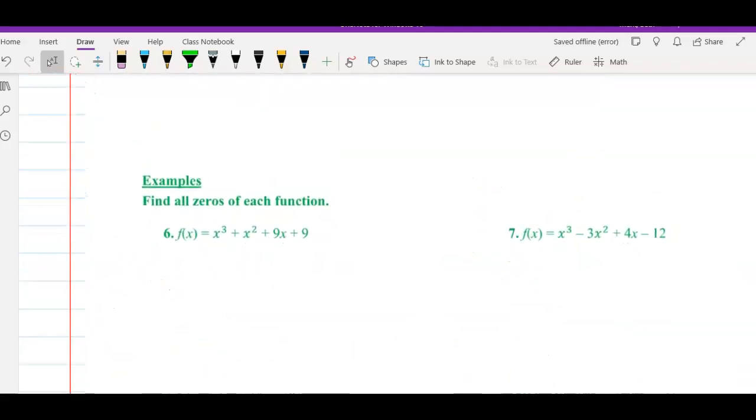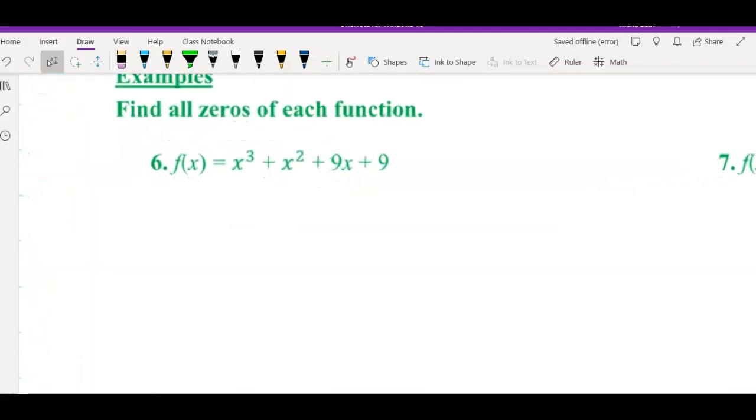let's try number 6. All right, so if I use Descartes' rule of signs, no change, no change, no change, no positives, I'm not expecting any positive zeros. So now I'm going to put in -x everywhere I had an x.